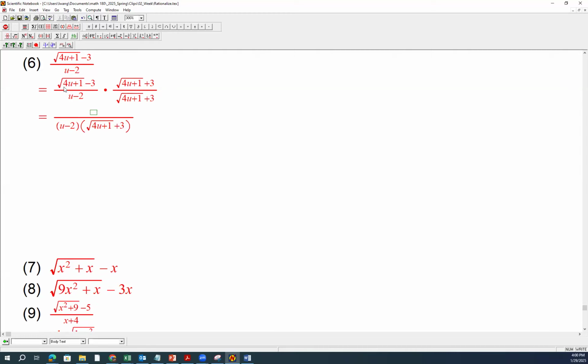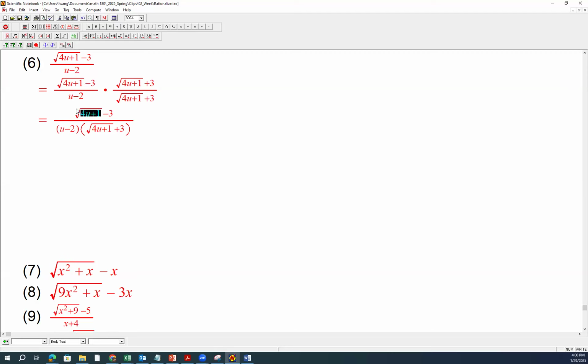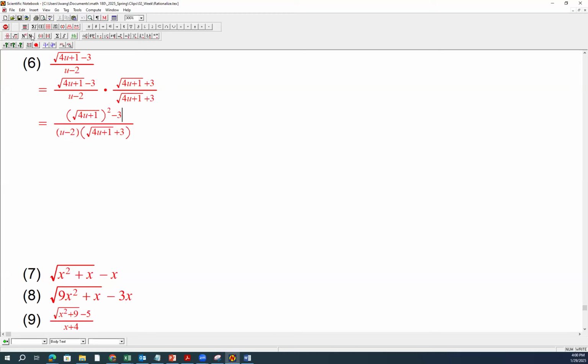And on the numerator, we have a conjugate. So we're going to apply a minus b times a plus b, and that will give us a squared minus b squared.